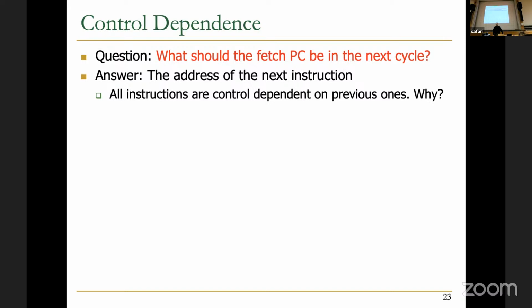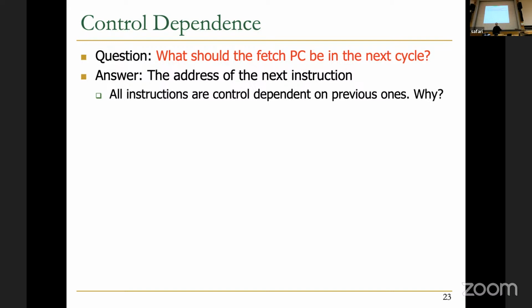In BEQ or BNE, which are conditional branches, depending on whether the branch is taken or not taken, you will have different next instructions. When it is not taken, the next instruction is PC plus 4.